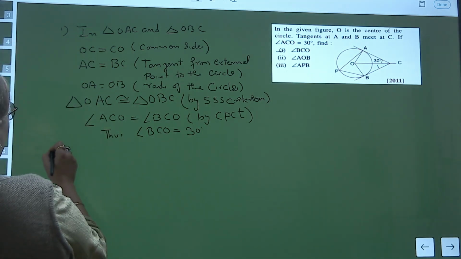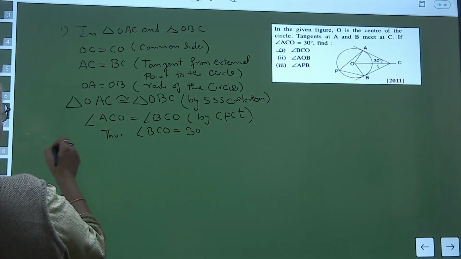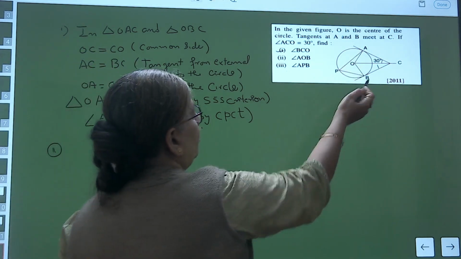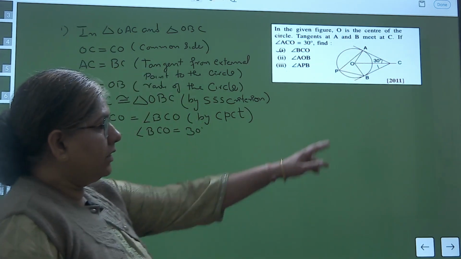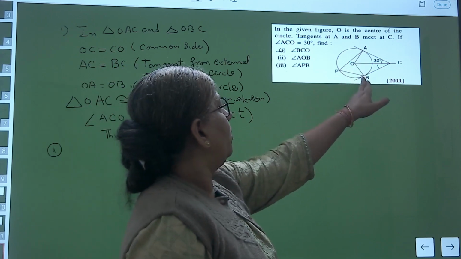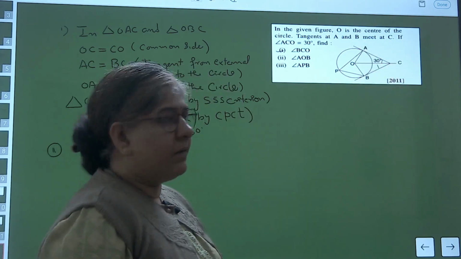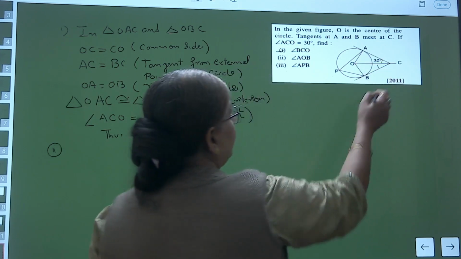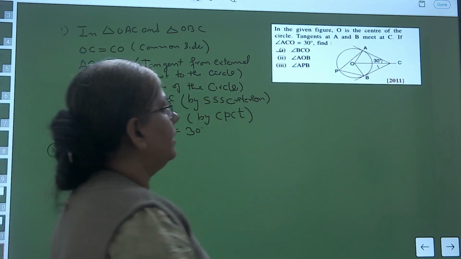Let's come to the second part. We have to find angle AOB. Now here you can see AOBC is a quadrilateral, and we know that the radius is perpendicular to the tangent.